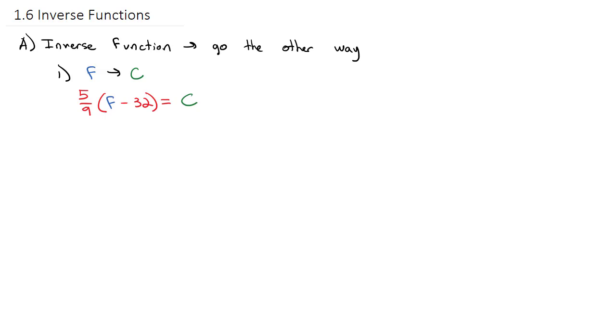The idea of the inverse is the inverse is going to go the other way. The inverse is going to take Celsius and convert it into Fahrenheit. And there's an equation that does that as well. That equation is 9/5 times the Celsius plus 32 is going to be equal to the Fahrenheit temperature.